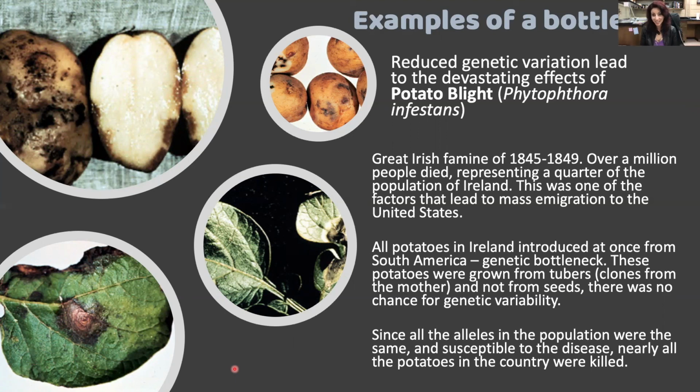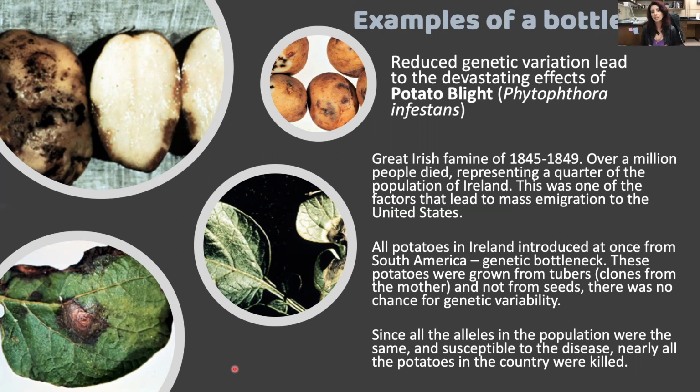What makes it worse is that these potatoes were not grown agriculturally through seeds and plants that could potentially introduce mutations and genetic variation. Instead, they were grown and propagated through tubers, which are clones from the mother. Okay, and this again reduced the chance for genetic variability.